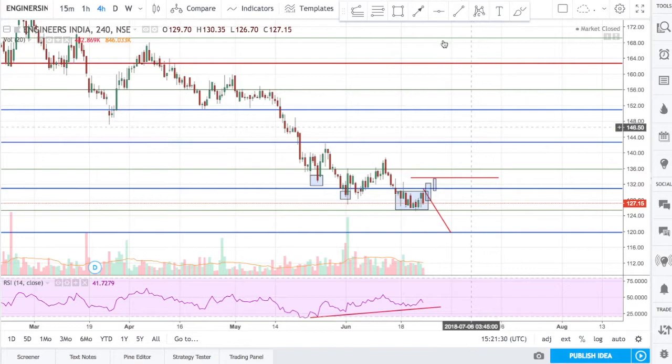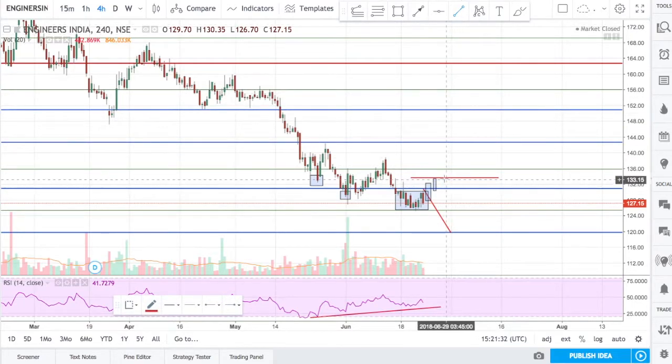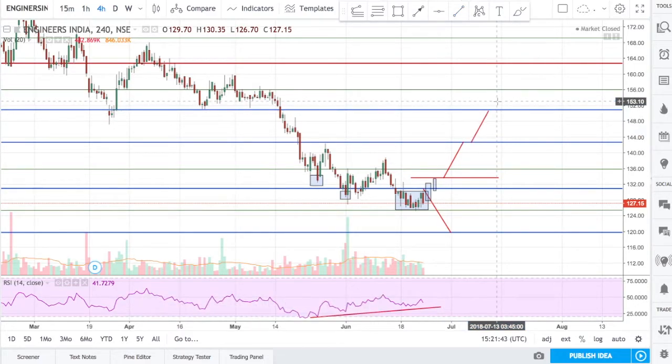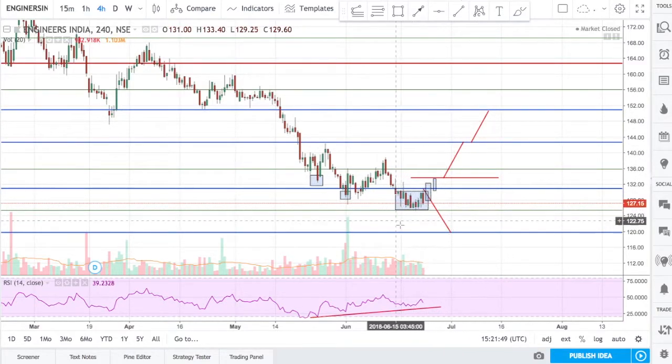In such a scenario, this would be our first target, followed by this as our second target. This is the most likely scenario to happen. This is the least likely scenario to happen.